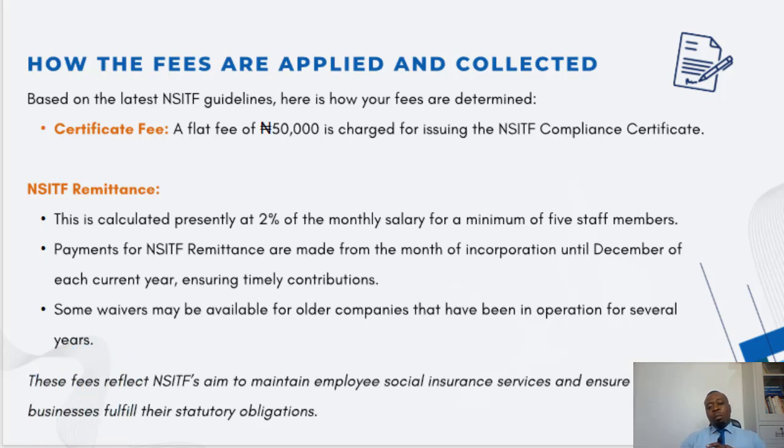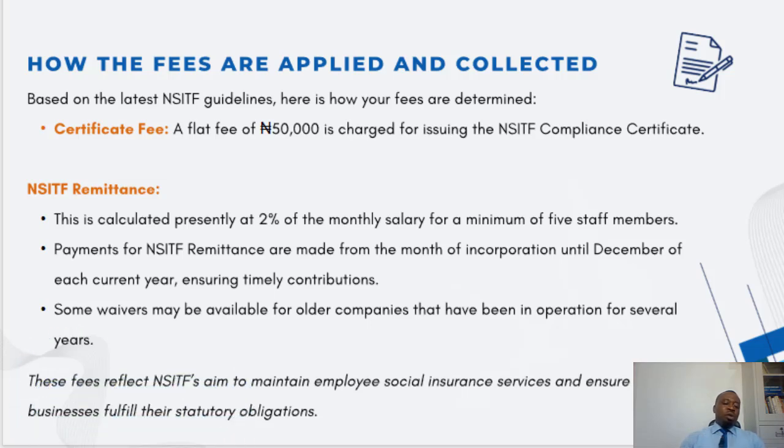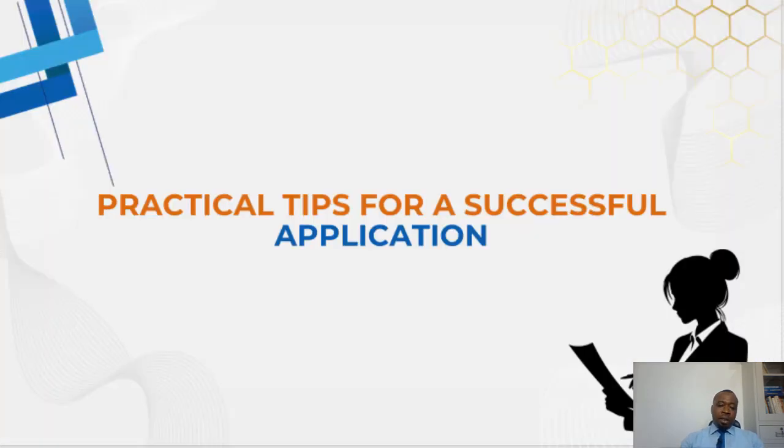Then some waivers may be available for older companies that have been in operation for several years and have not been making remittances. Some waiver will be given to them in order to ensure that the cost does not go over the roof. So these fees reflect NSITF's aim to maintain employee social insurance services and ensure that businesses fulfill their statutory obligations.